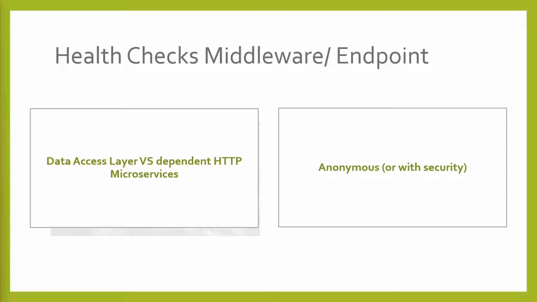This library allows us to define the URL endpoint for when someone is trying to check the health of our microservice, and also define the business rules of what constitutes a healthy or unhealthy microservice. As an example, we can consider the health based on whether there's an access issue to the database, or perhaps having to reach those dependent HTTP microservices.